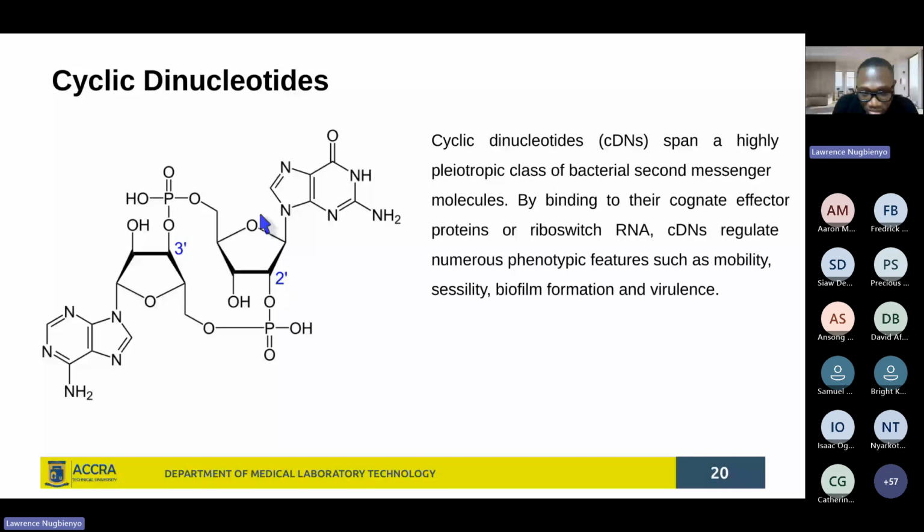Just take your time, have patience for yourself. Step by step, you look at it. So you take a sugar, this sugar here is having a base on it. What base is that? That is guanine.